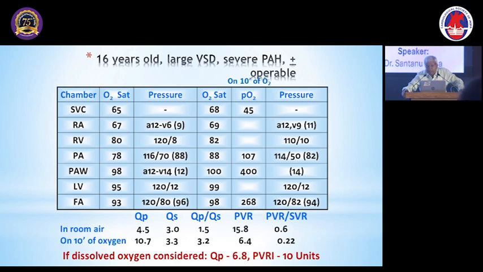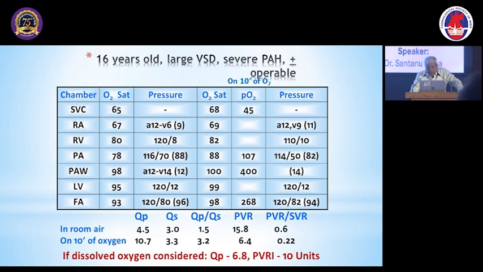More than aortic saturation? Very good. That straight away points towards a transposition physiology. Pulmonary artery saturation more than aortic saturation. Look a little more in detail. There should be some admixture somewhere in a TGA physiology. Where is it?